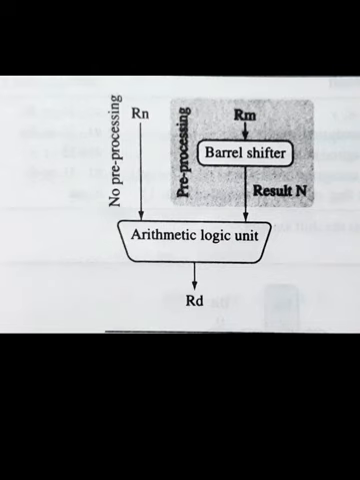A unique and powerful feature of the ARM processor is the ability to shift the 32-bit binary pattern in one of the source registers left or right by a specific number of positions before it enters the ALU. This shift increases the power and flexibility of many data processing operations.